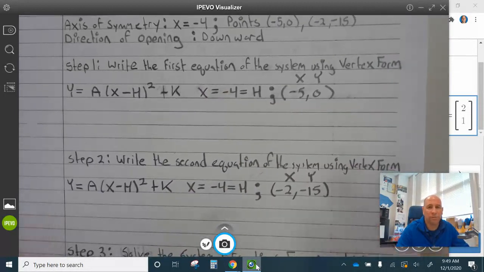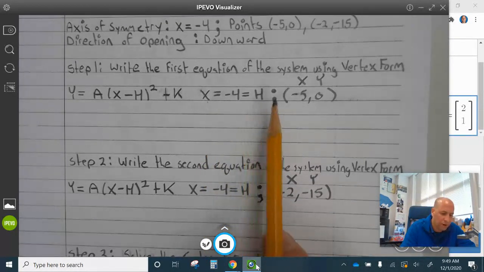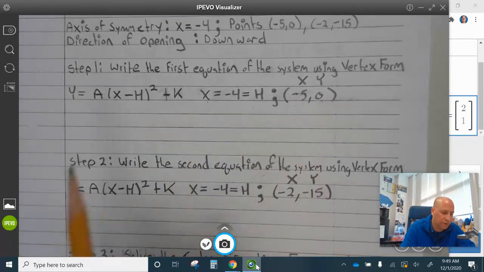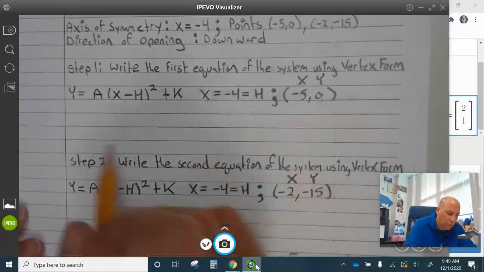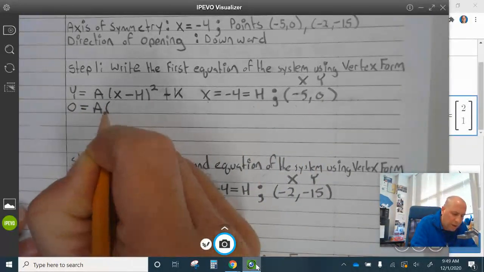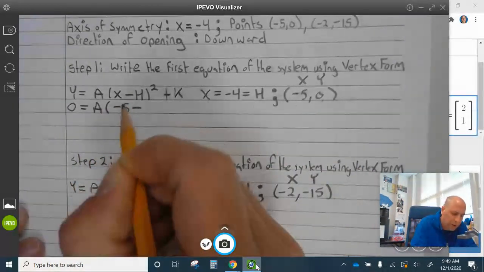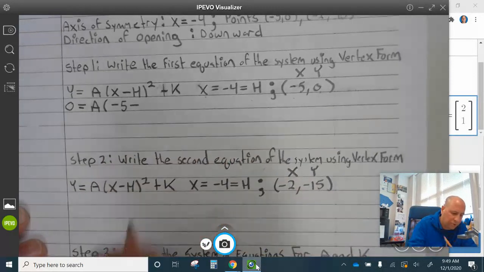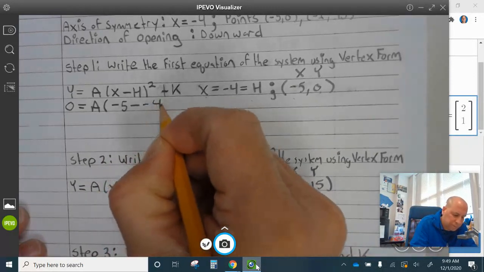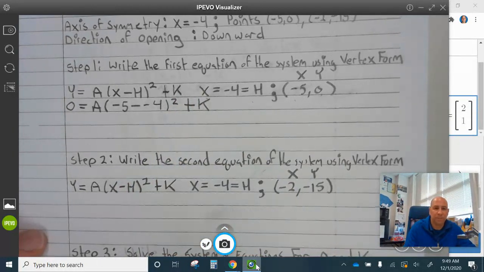All right, step 1, write the first equation system using the vertex form. So we use the axis of symmetry, which is our H value, and our first point, which is x and y, to write the first equation. So our y is 0, so 0 equals A, which we don't know, x, which is -5, minus h, which is -4, squared, plus k.